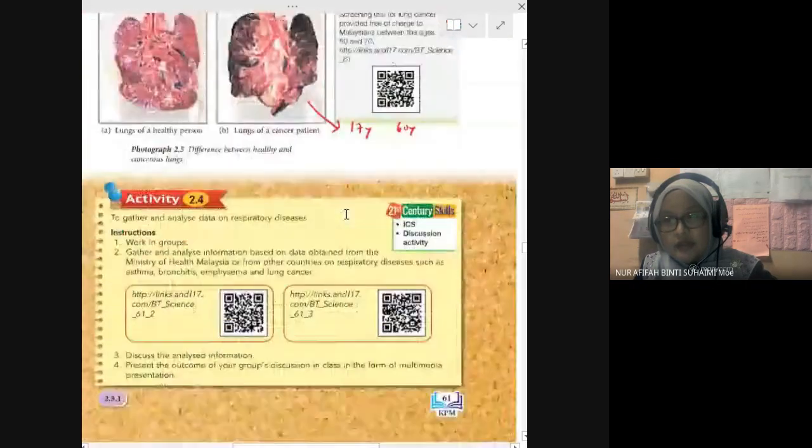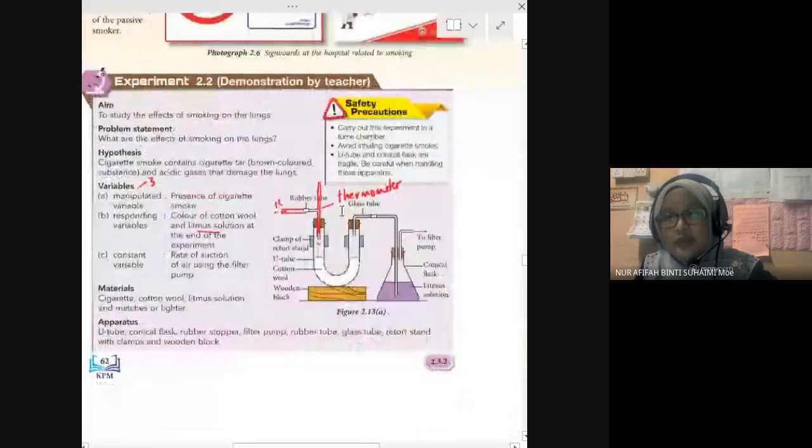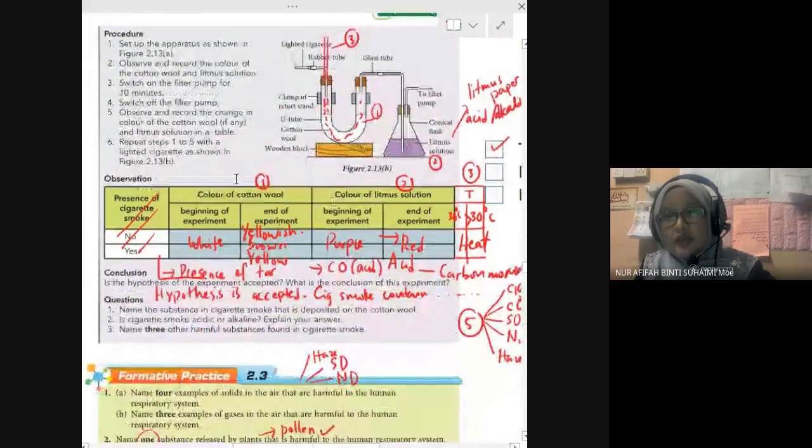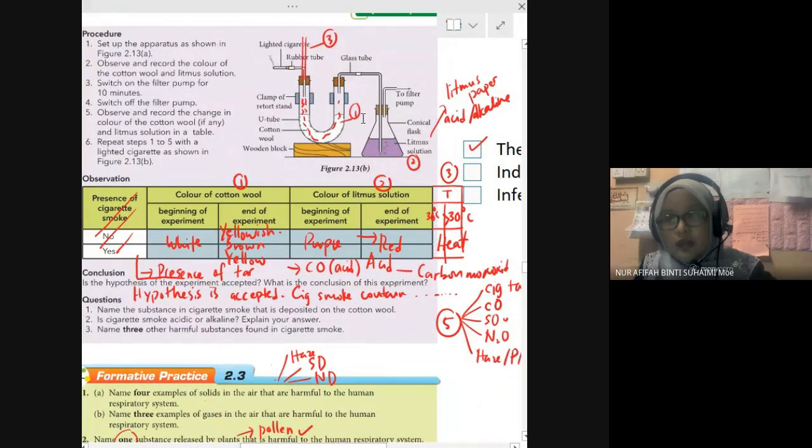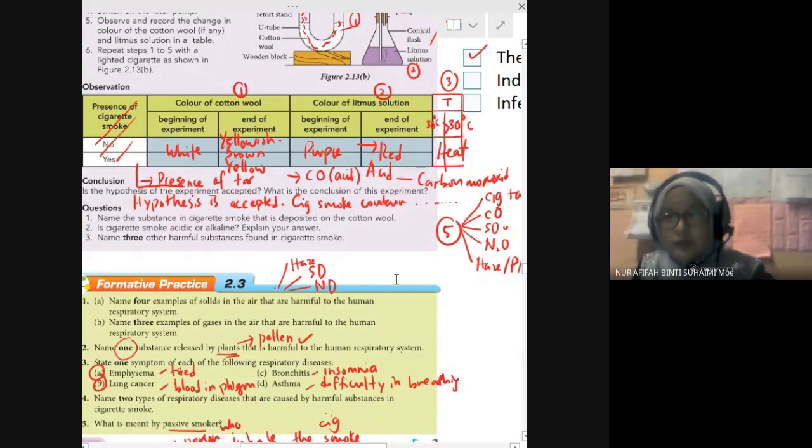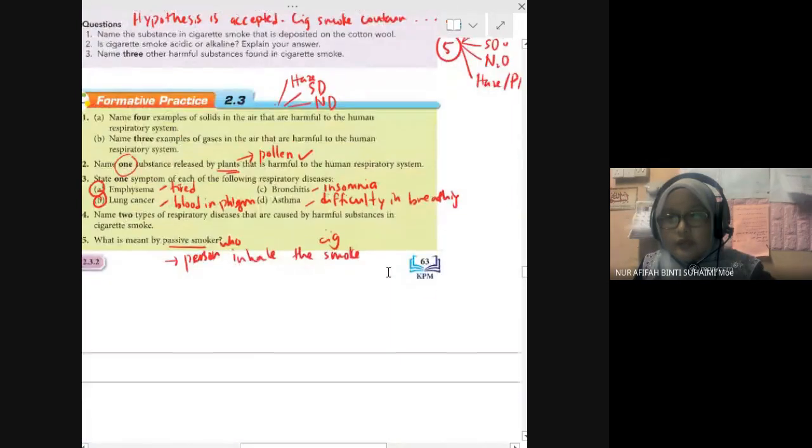Okay, and then the experiment. The result of the experiment. And litmus solution. Remember dia punya change in color. Okay, cotton ni senang je lah. Boleh nak buat black pun boleh. Okay. Apa lagi? Itu je lah.